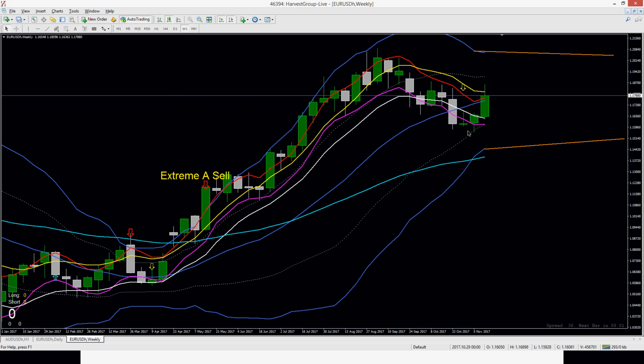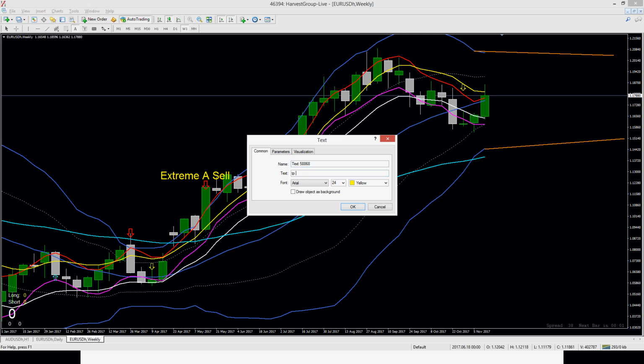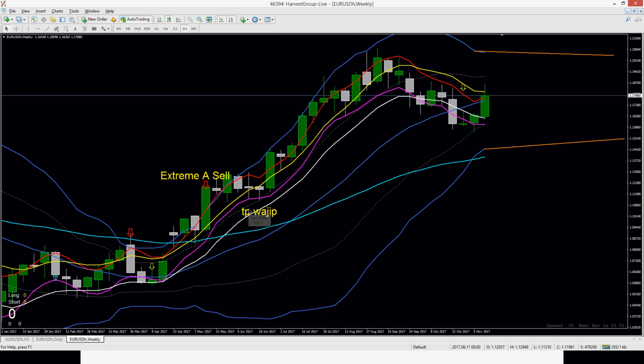The next one is number 3, signals and setup. I already indicate over here extreme A sell. Then you have TP Wajib, which is also, if you look at it in a buy setup, you have CSM, you have re-entry.